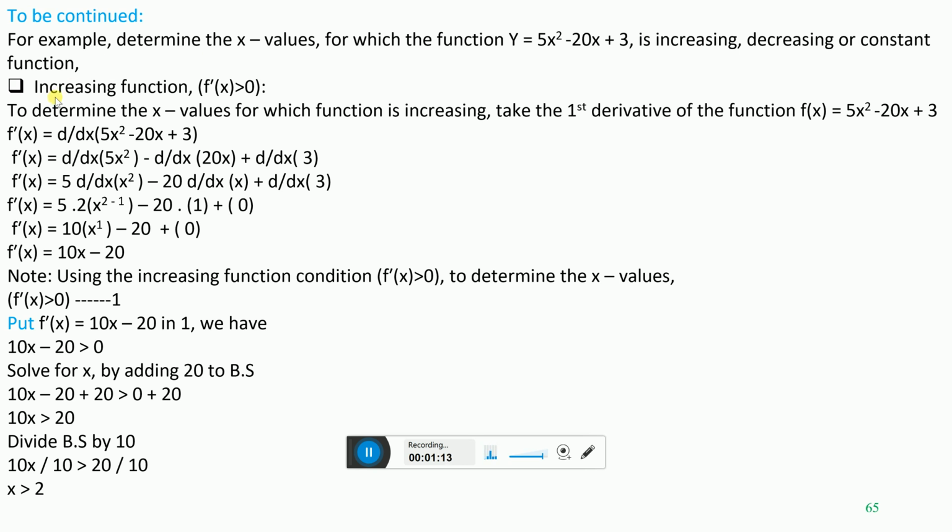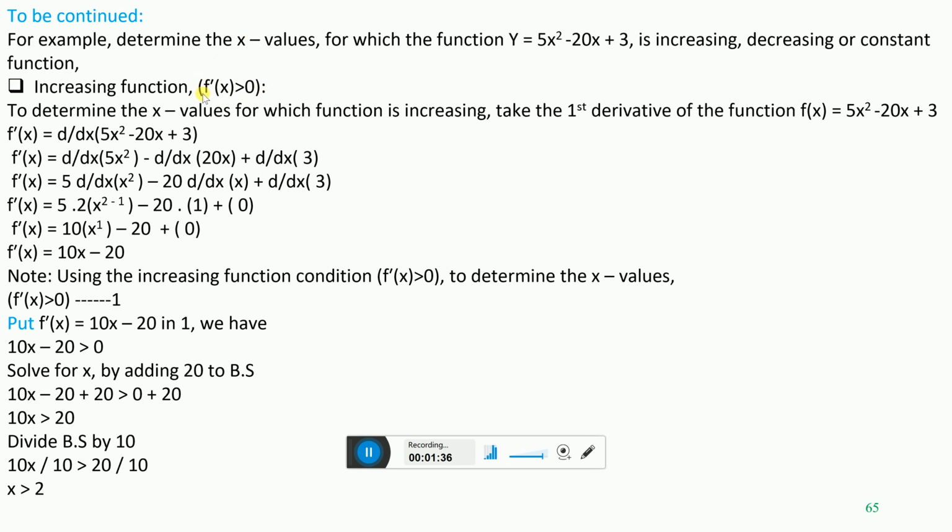So for the increasing function condition, f prime of x must be greater than 0. We do not have the x values. So how can we determine the x values using the increasing function condition? The condition is that the first derivative must be positive for the x values.